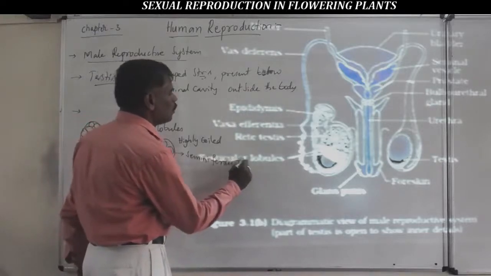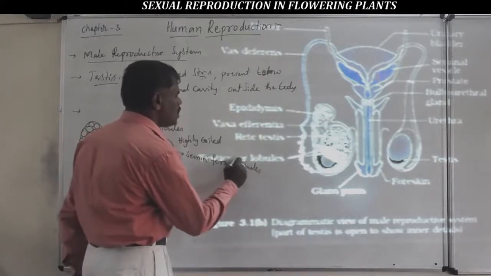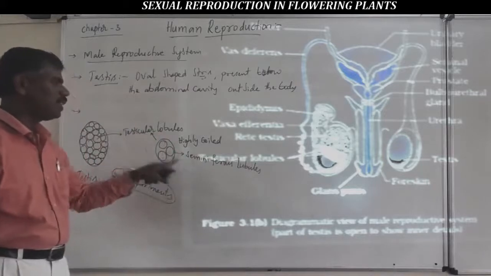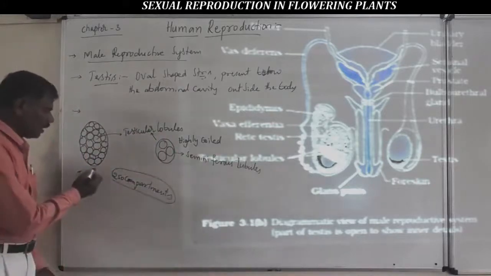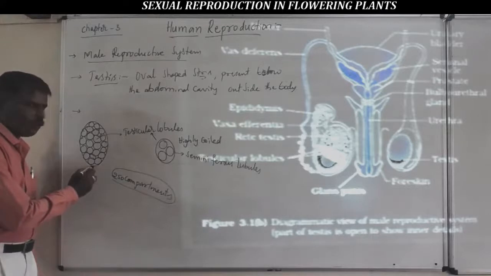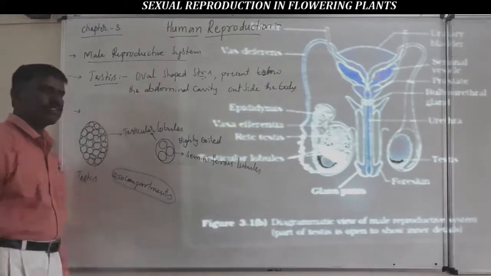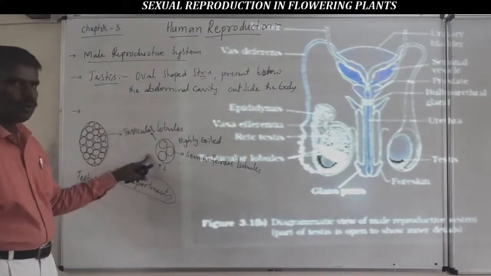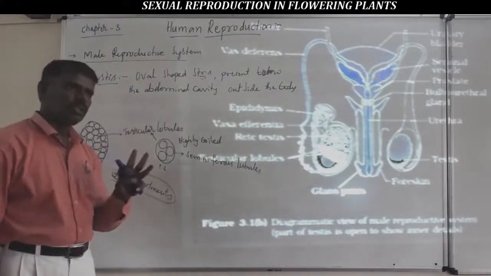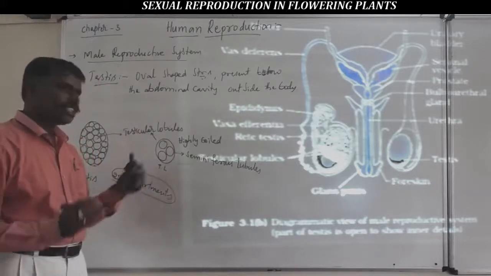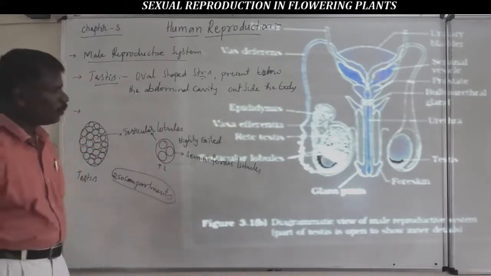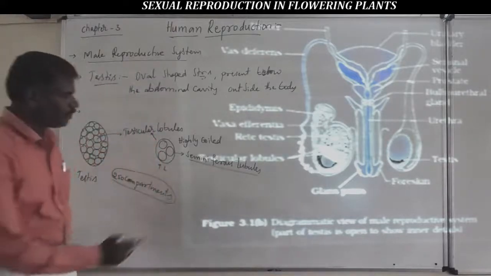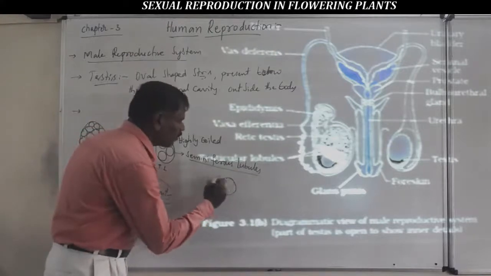The testis consists of 250 compartments called testicular lobules. Each testicular lobule consists of 1, 2 or 3 highly coiled tubules, which are called seminiferous tubules.